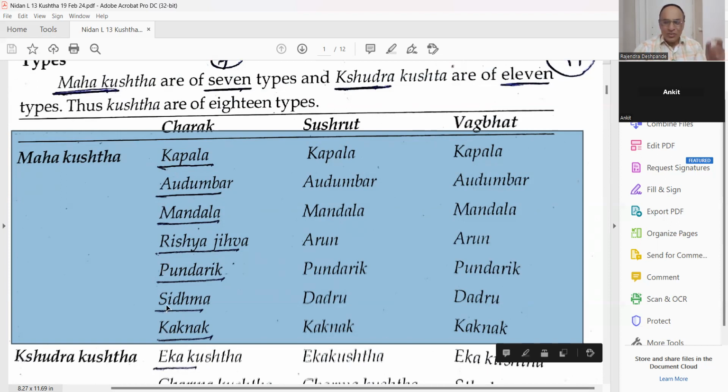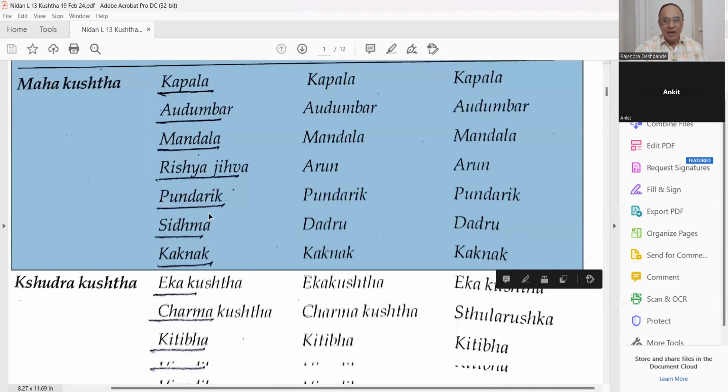Such types of tricks you can use to remember. Take only the first letter, K-A-M-R-P-S-K. Kamrap SK. Please write down Kamrap SK: Kapal, Audumbar, Mandal, Rishyajiva, Pundarika, Sidhma, and Kakana.